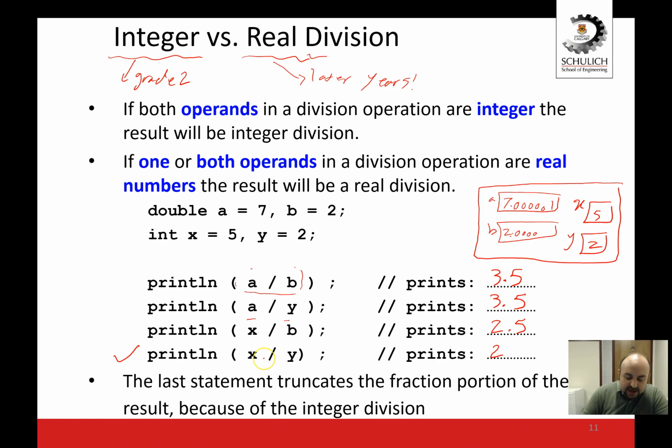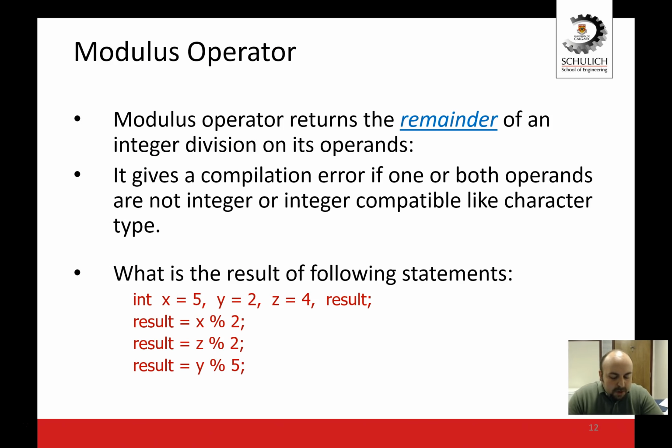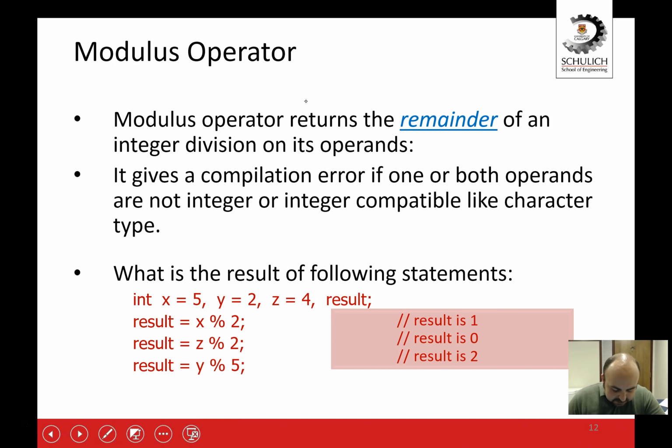So right in here, if I go ahead and say x modulus y, the result is going to be 1, because modulus checks for the remainder. The modulus operator returns, or gives for the time being, the remainder of an integer division on its operands.